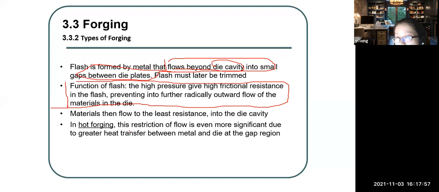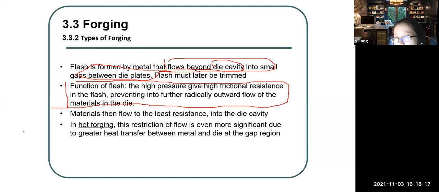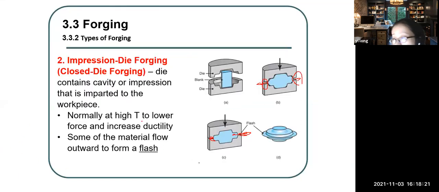This will be more significant in hot forging. Why? Because in hot forging, the farthest place is the cooling place, so it becomes more solidified and more resistant, even more significant compared with the material inside here.